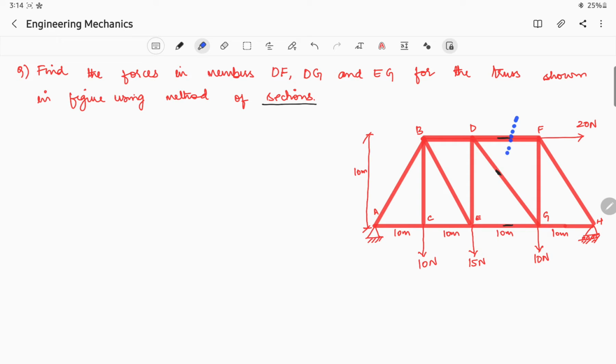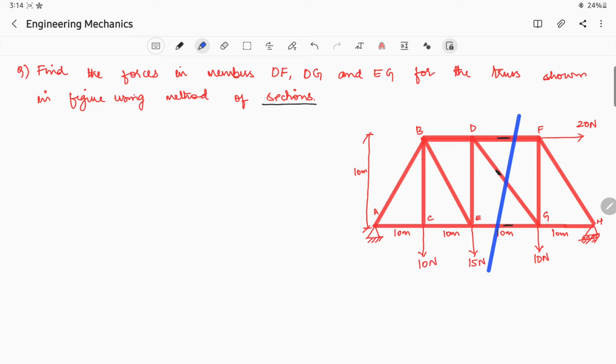Let us take a straight section. This is how I will take the section.